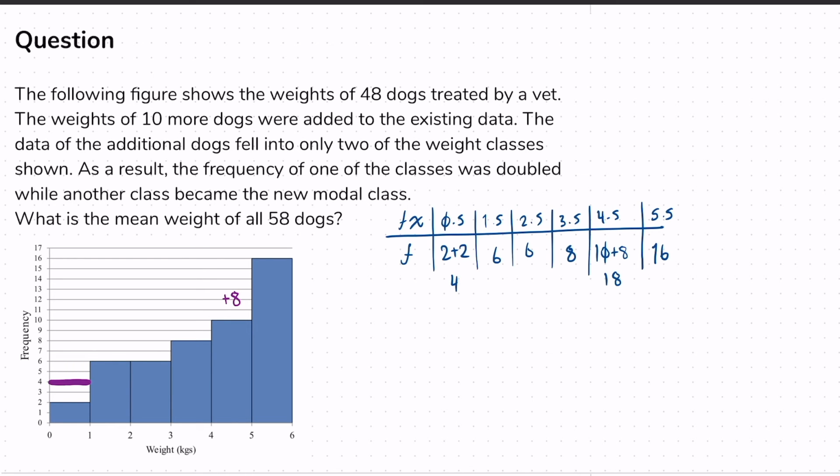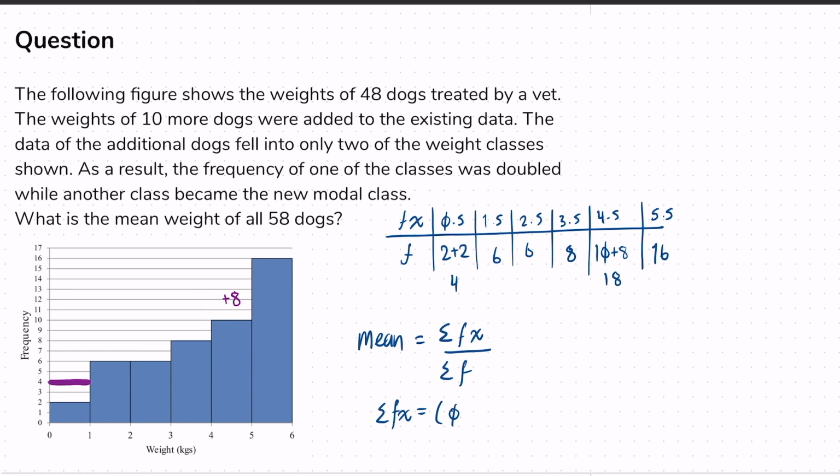So I'm going to use my mean formula, which is the value of those things at the top over those things at the bottom, the frequency with which they happen. Well, what is this? The sum of all these values is going to get a little bit long here, but that's okay.